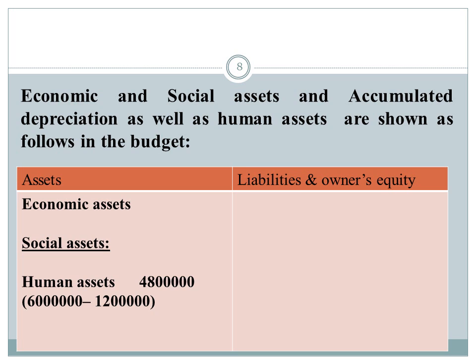Human assets, the value of human assets 6 million minus depreciation 1,200,000, so the amount of human assets will be 4,800,000 in the first year.